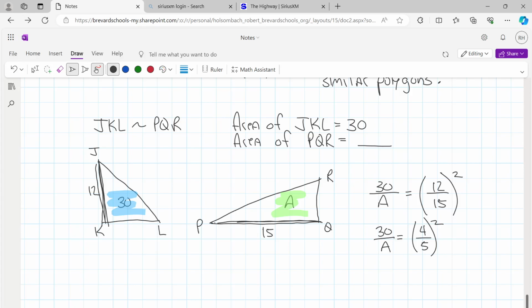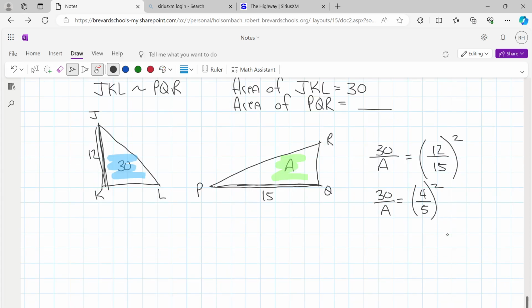So now we're going to finish this, and we're going to solve for A. So 30 over A is equal to 4 squared is 16, and 5 squared is 25. All right, I'm running out of room, so I'm going to work to the left. So I'm going to crisscross multiply. So A times 16 is 16A, and that's equal to 30 times 25. And my calculator.